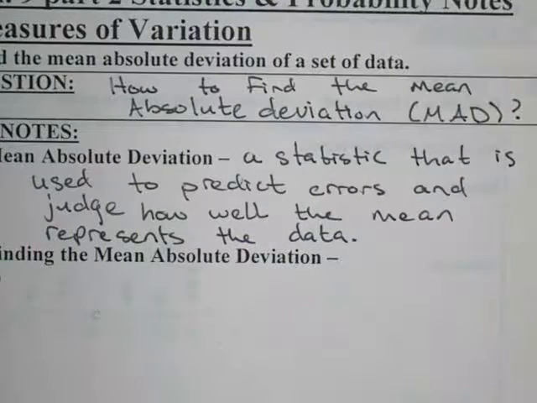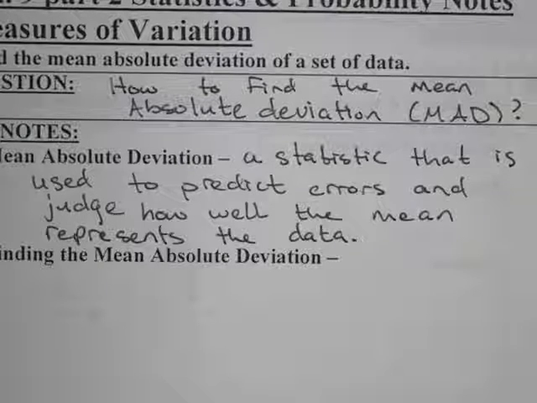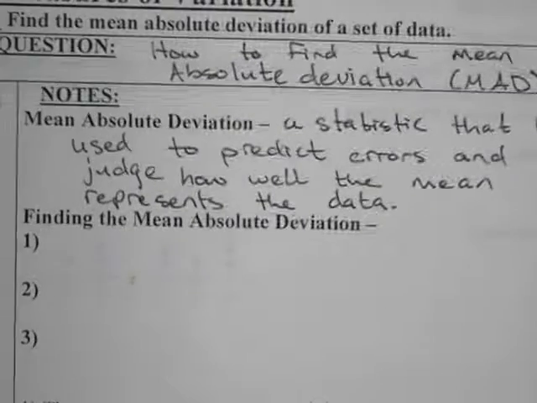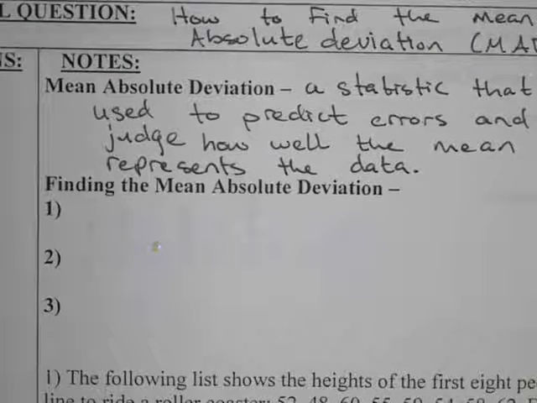So in this lesson, all we're really going to focus on is how to find the mean absolute deviation, and then later we'll go back and look at how that can help us predict errors and judge if this mean is representative of our data. So I just want to focus on finding the mean absolute deviation.